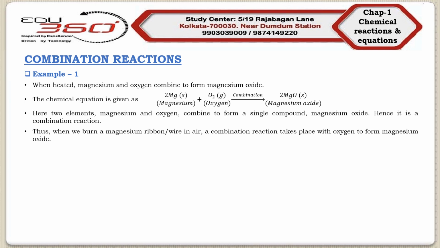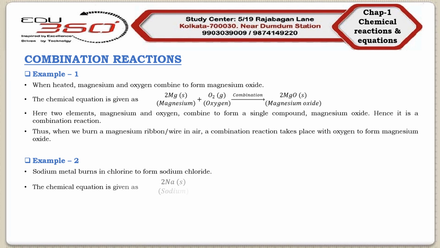Now in our second example, we will again consider the combination of two other elements: sodium metal and chlorine. When sodium metal burns in chlorine, sodium chloride is formed. The chemical equation for this reaction is 2Na + Cl2 → 2NaCl.